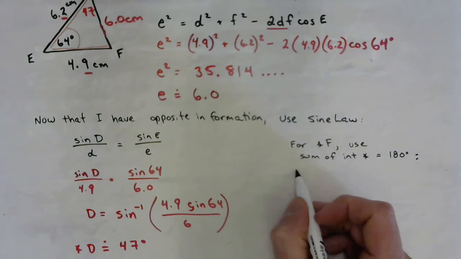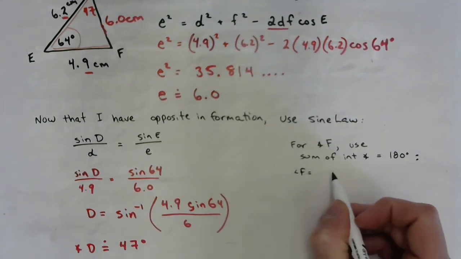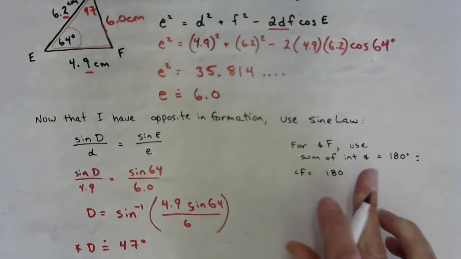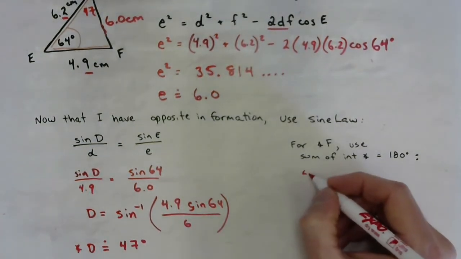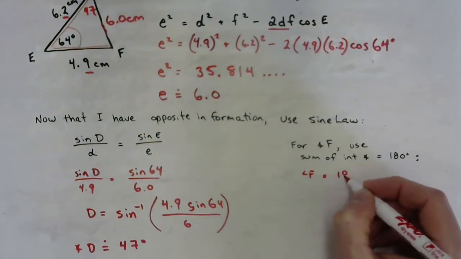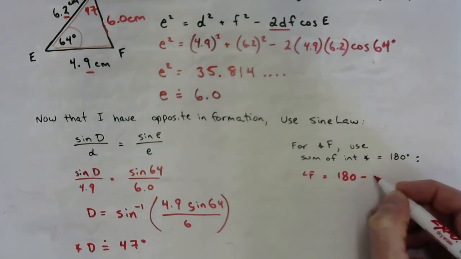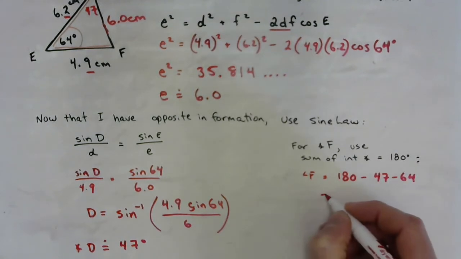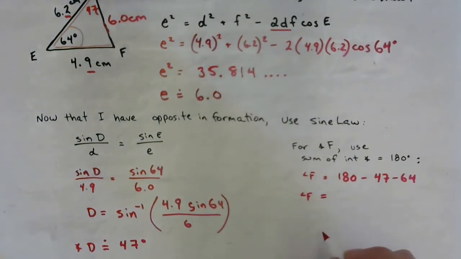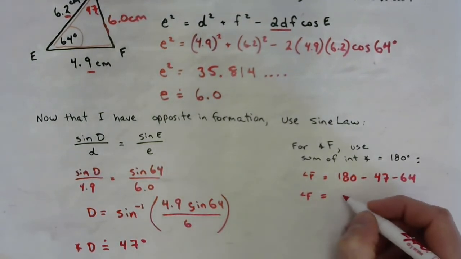So, angle F is 180, and I've been working in red, so I'm going to keep doing that. Angle F equals 180 minus 47 minus 64, which tells us that angle F is 69 degrees.